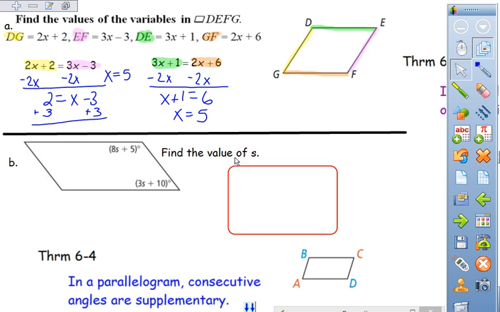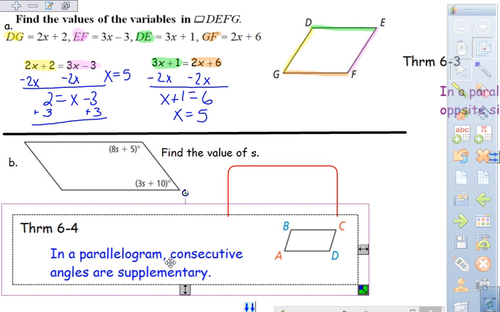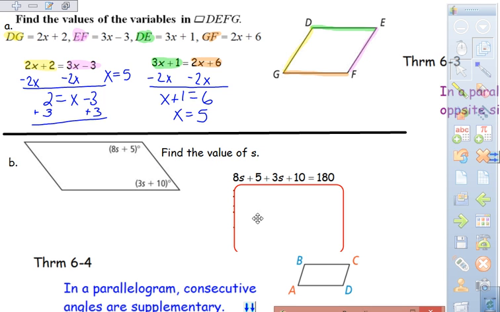Part B, find the value of s. So we have these two angles, and I'll call them consecutive, and this is a parallelogram. So our rule is, in a parallelogram, consecutive angles are supplementary. So our equation is going to be 8s plus 5 plus 3s plus 10 equals 180.